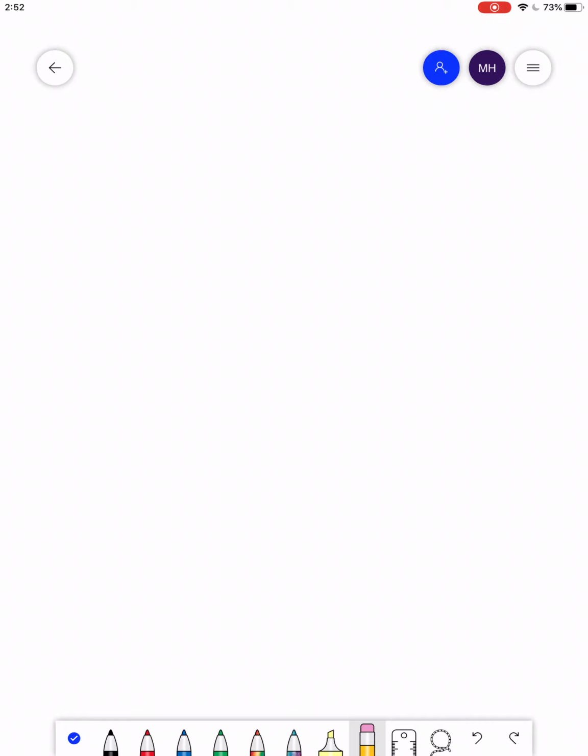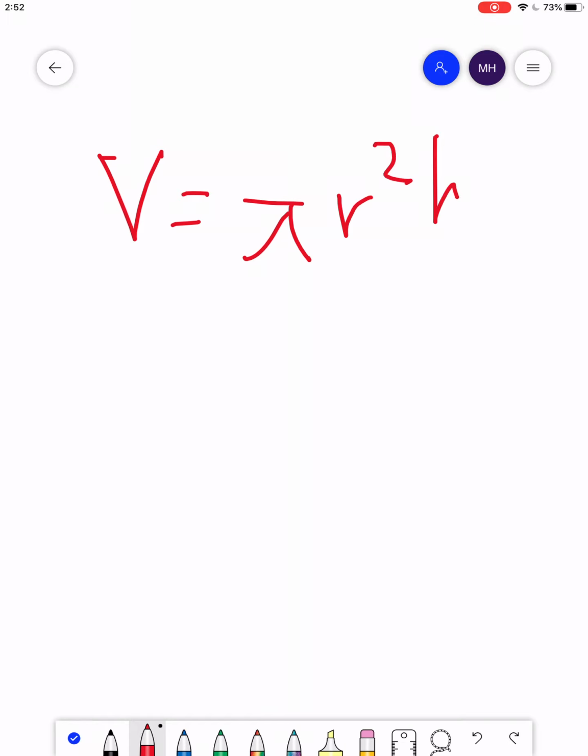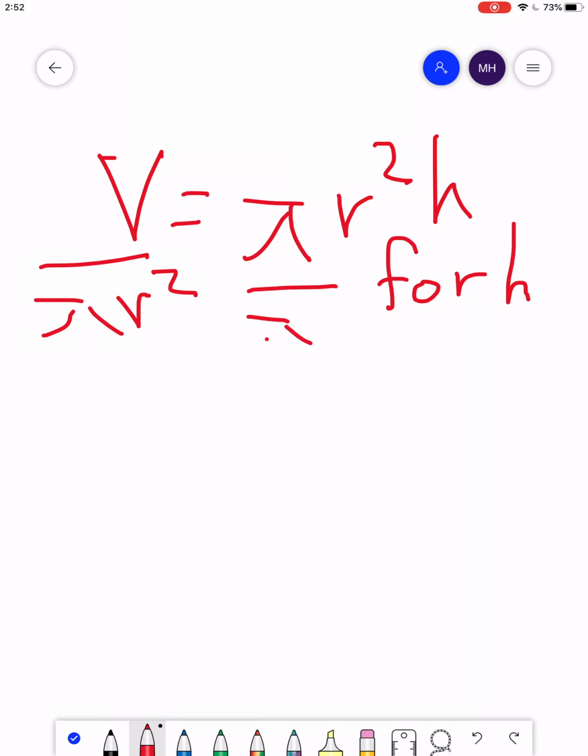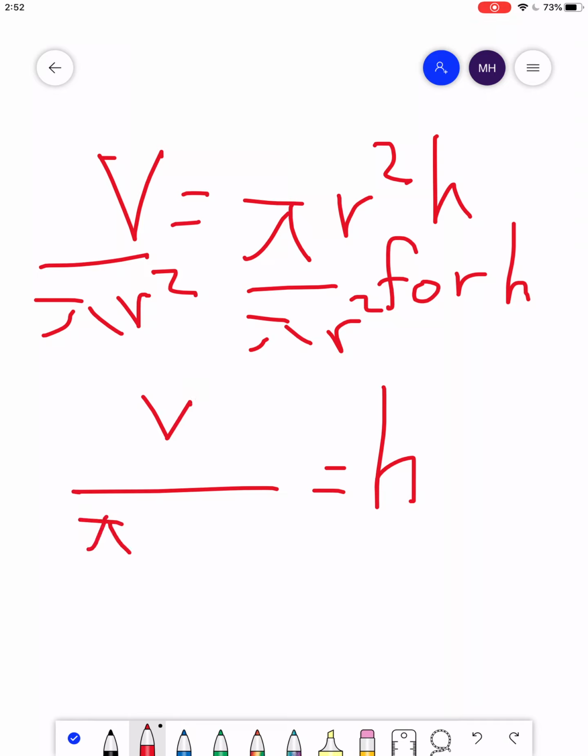Now other example, V equals pi r squared h, for h, so I want h alone, so I divide both sides by pi r squared, then h equals V divided by pi r squared.